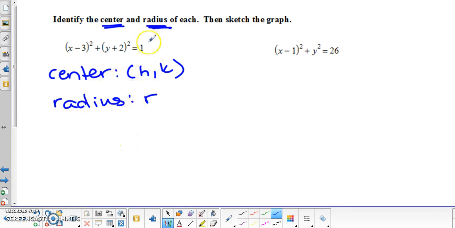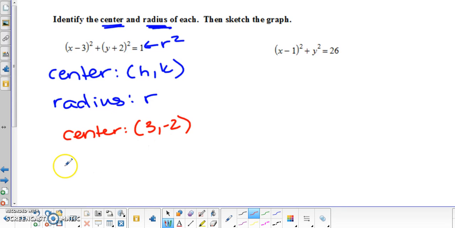If in my standard equation this is r squared, I have to square root it to get my r. Don't forget that. So here my center is simply 3, -2, and my radius is the square root of 1, which is 1.